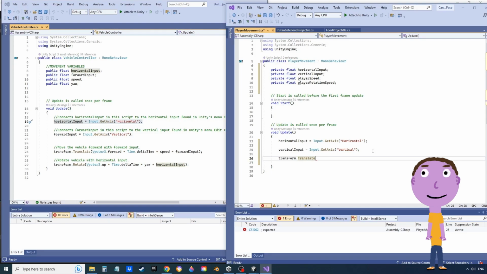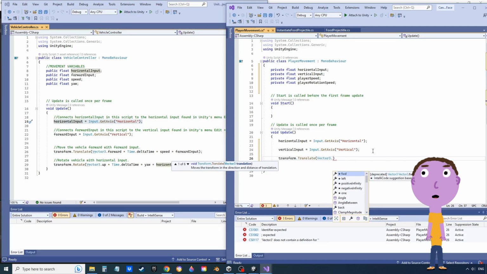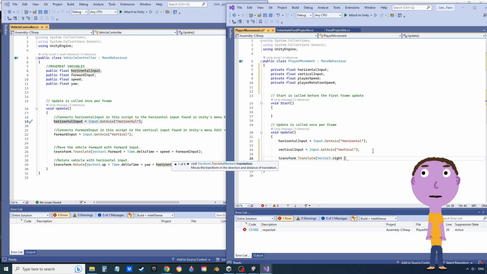Transform.Translate, Vector3, and instead of forward, it should be left and right. So Vector3.right times Time.deltaTime. They're going side to side, so that's the player speed, and horizontal input. Then the rotation.